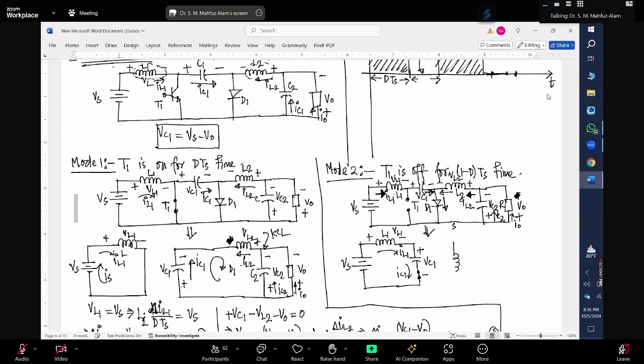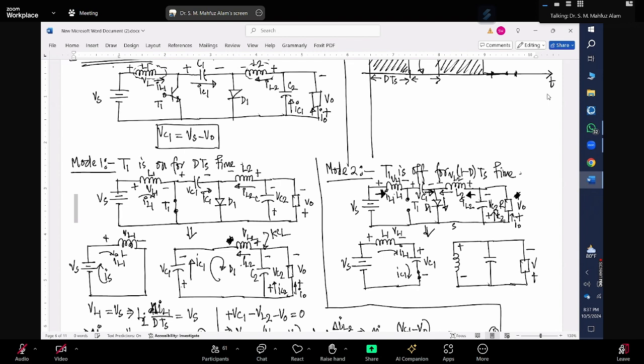It will have another circuit, that is this inductor. This terminal should be the positive one, and this terminal should be the negative one. And then it will be connected to the capacitor, and then it will be connected to the output.